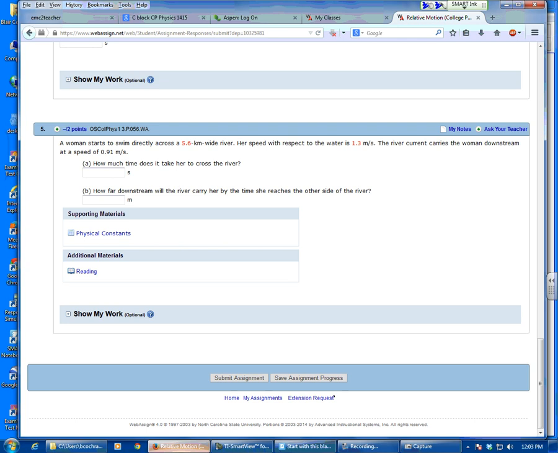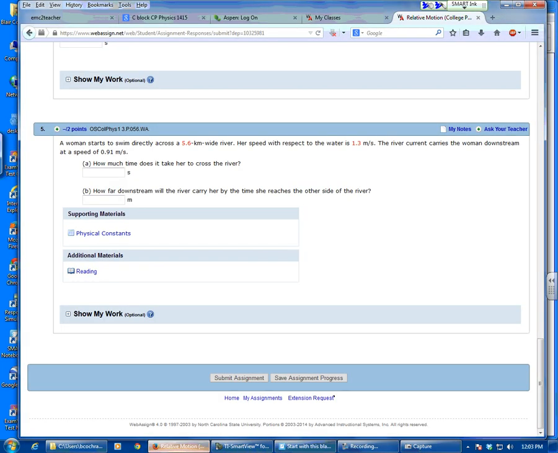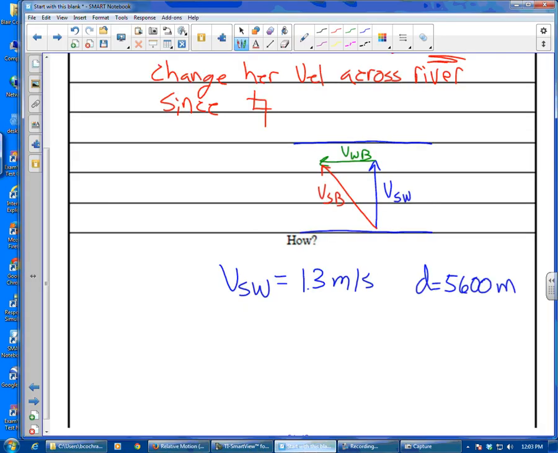But it's a 5.6 kilometer wide river. So the distance is 5,600 meters. Be careful, watch, they switched units on you, right? 5.6 kilometers is 5,600 meters.